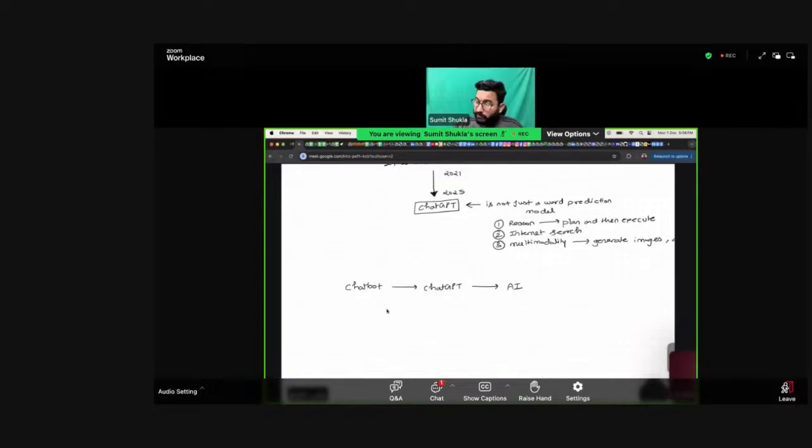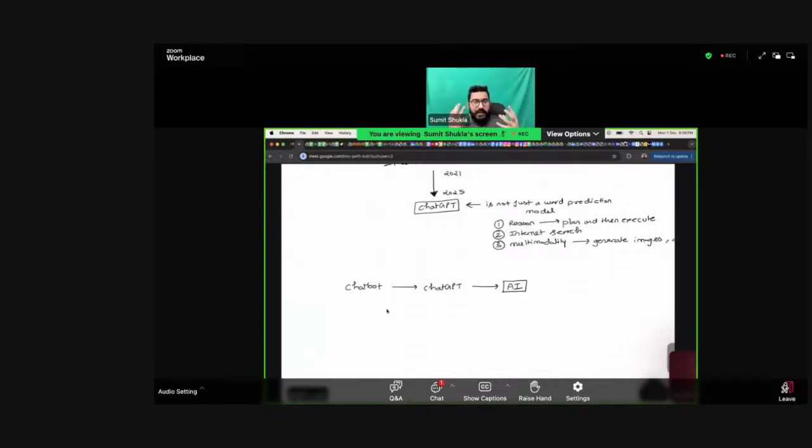So the reason I'm calling the LLM which we use today AI is that this LLM is not limited to just word prediction. It can understand your question, it can plan, and it can control. Now, what is the meaning of agentic AI? Because we have understood AI.